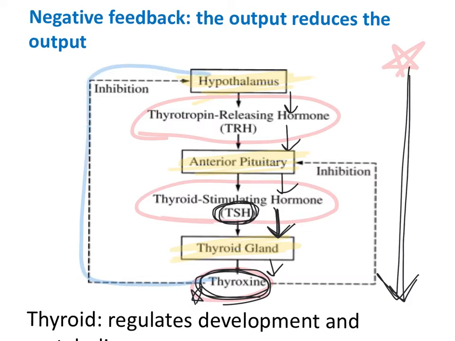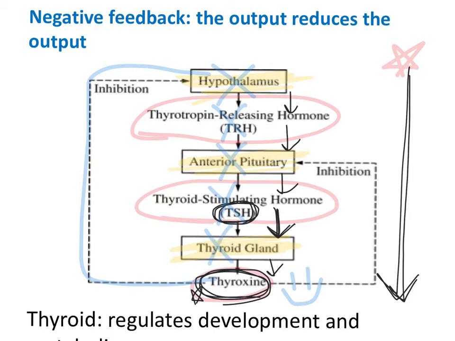So once my body has enough thyroxine, and I'm at the happy amount of thyroxine, my hypothalamus would be shut off. That then would not produce a hormone, which would not trigger the pituitary, which would not release that hormone, which would not trigger the thyroid.